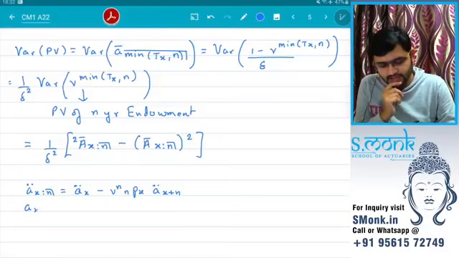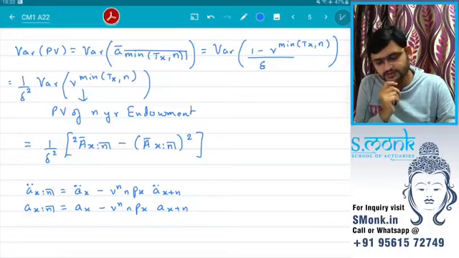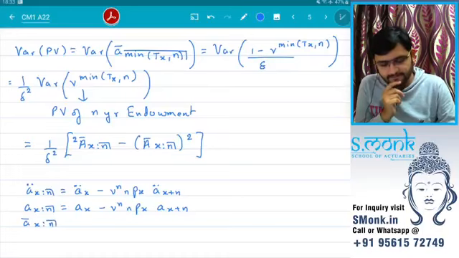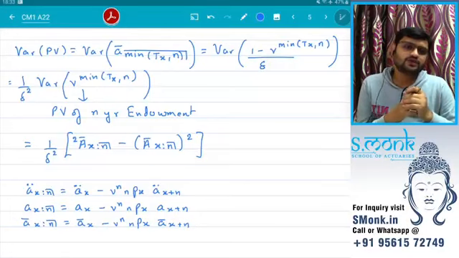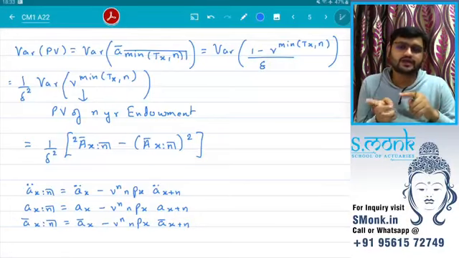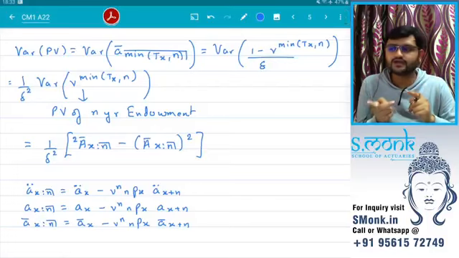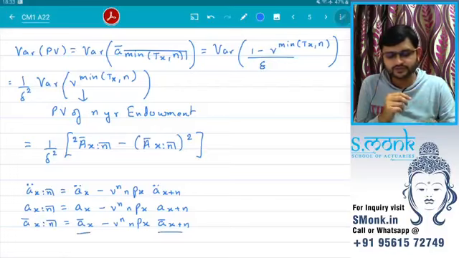So we'll say axn would be ax minus v raised to n, npx, ax plus n. Same way a bar xn would be a bar x minus v raised to n, npx, a bar x plus n. Now we know the conversion between arrears and advance as well as continuous and advance. We will use that to figure these values out, right?